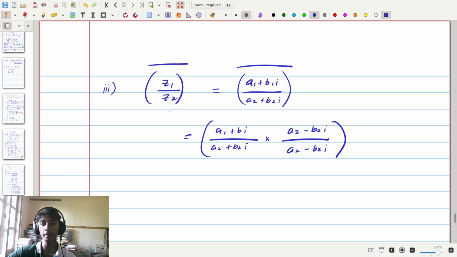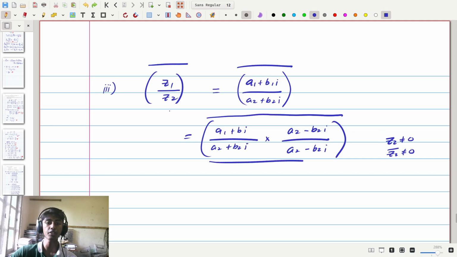Since we multiplied by the same exact thing on top and bottom, there is no problem here. We had mentioned that there's no problem multiplying top and bottom by this value, since z2 is not equal to 0, i.e. z2 conjugate is also not equal to 0.